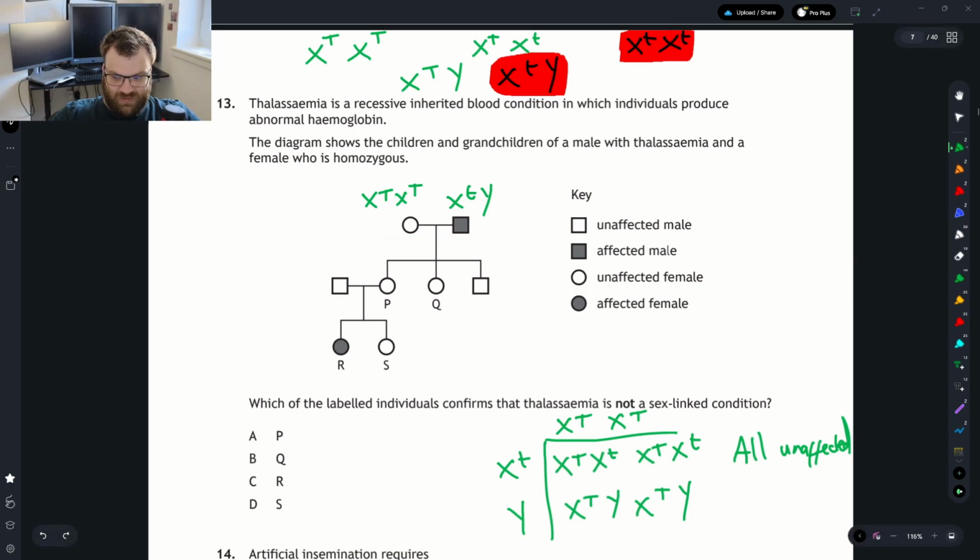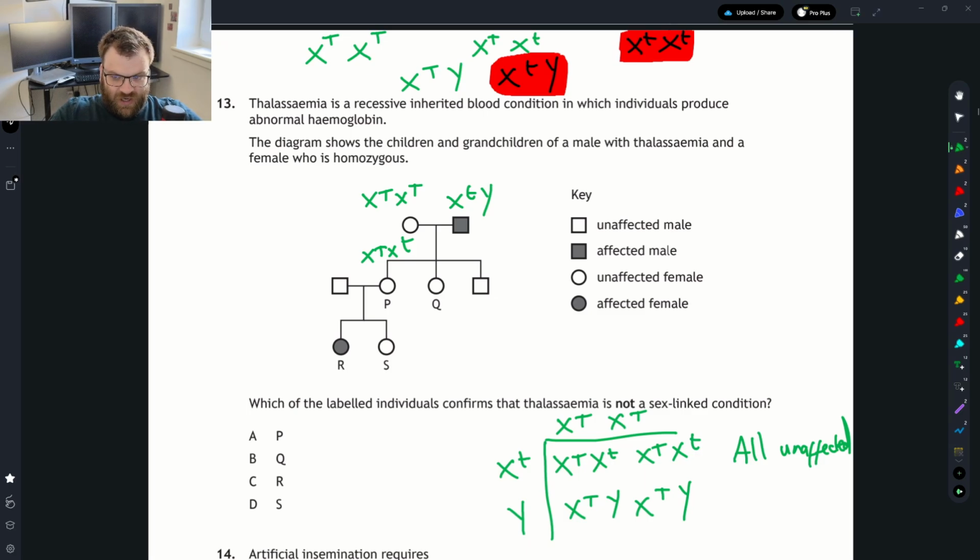If we then go on and look at the next set, which would be this pairing here, well, T has to be X big T, X little t, because that's a female coming from the combination of the parents. So they have to have 1 of each.